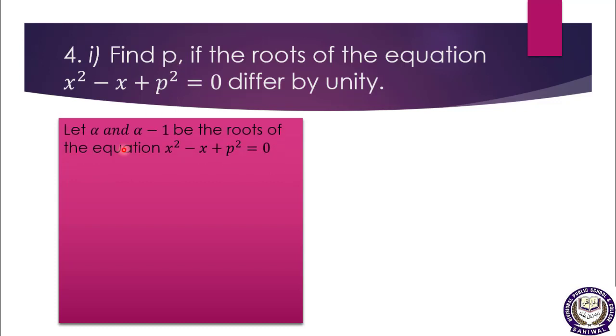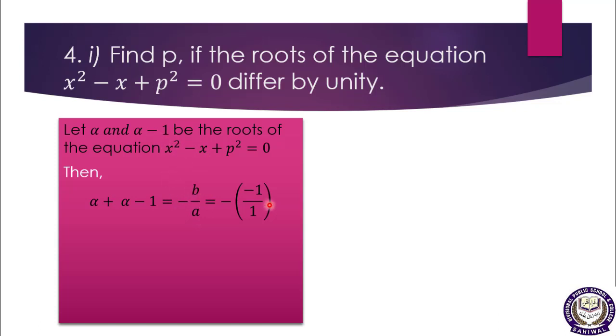So let alpha and alpha minus 1 be the roots of the equation x square minus x plus p square equal to 0. We already know that the sum of the roots is equal to minus b over a, where b is the coefficient of x and a the coefficient of x square.